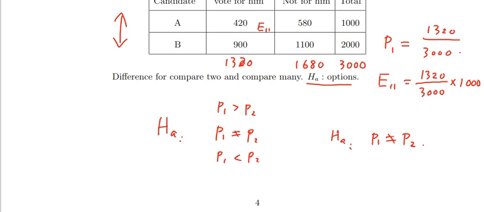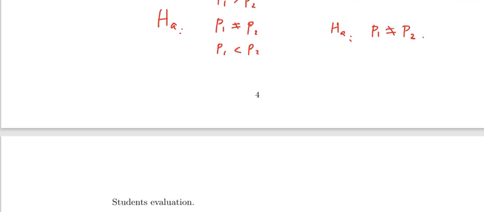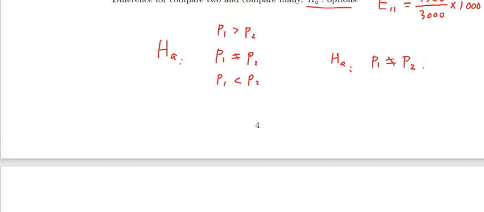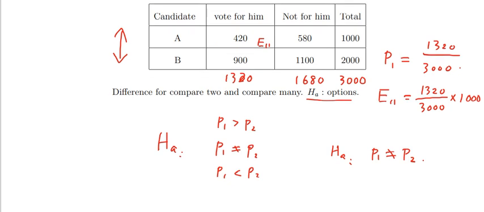Okay, so we do have many examples for the two-way table. Here, we split people into two categories, but more generally, we can split people into many categories, right? Then we have many proportions, in a two-way table or one-way table.